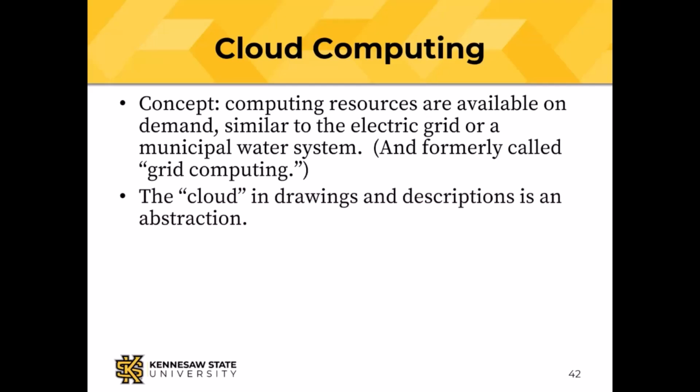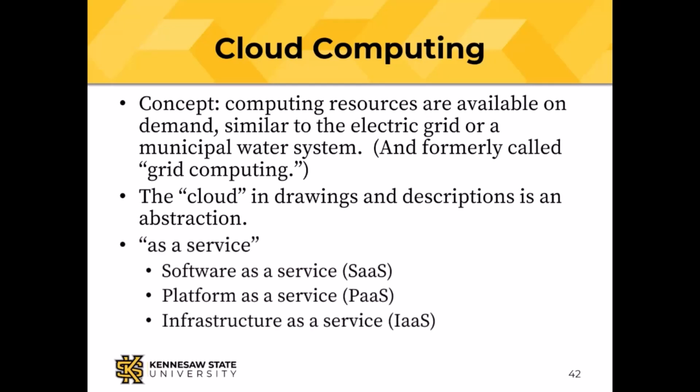The cloud is an abstraction. If you use Amazon Web Services computing, AWS, once again, thousands of pizza box size computers in a data center somewhere. And we can do software or platforms or infrastructure as a service.